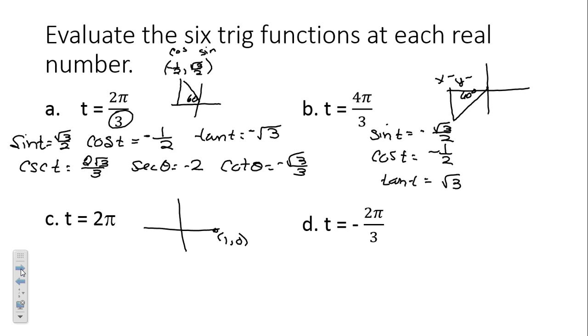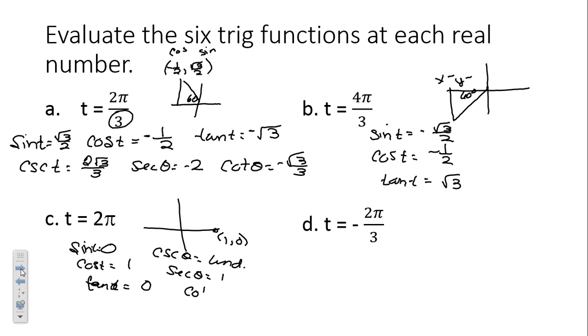And undefined if we're dividing. Yep. So sine here is your y, cosine is your x, tangent is your y over x, but the cosecant is undefined because we can't divide by 0. The secant is going to be 1, and the cotangent is also going to be undefined. Okay?